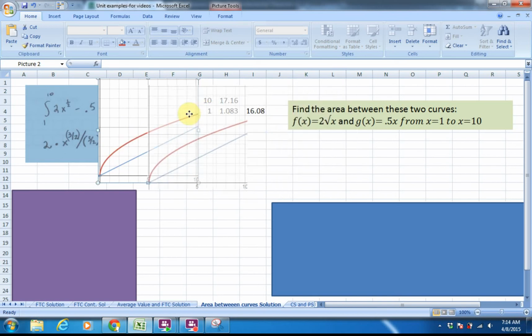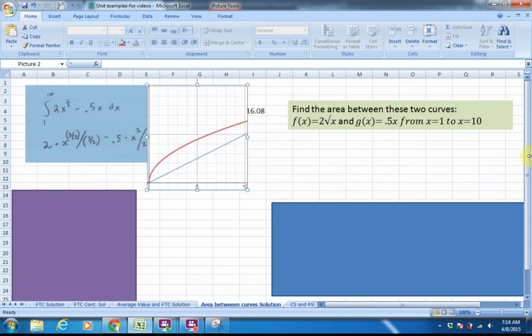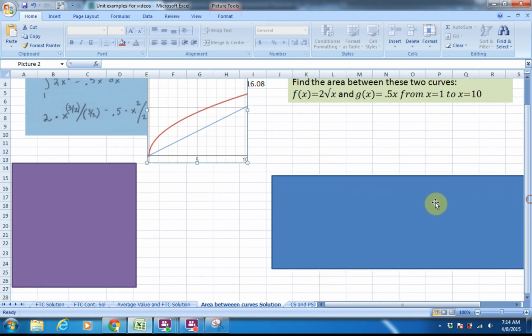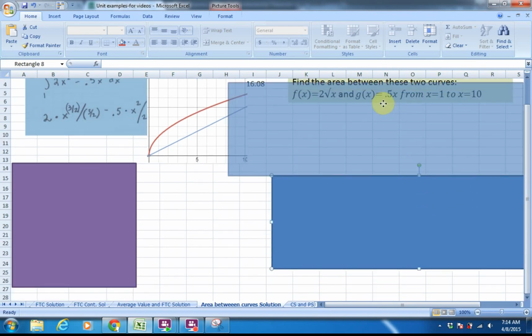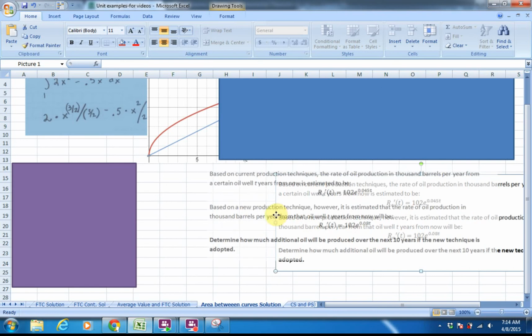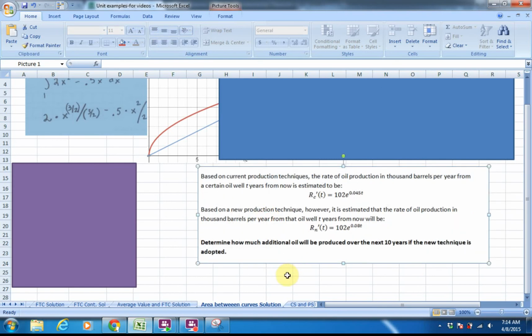So let's move on now to the second problem. It says, based on current production techniques, the rate of oil production in 1,000 barrels per year from a certain oil well t years from now is estimated to be, and you can see that that's a rate, so I have it as R prime, with C being current.